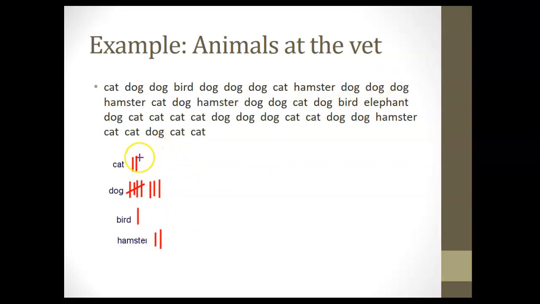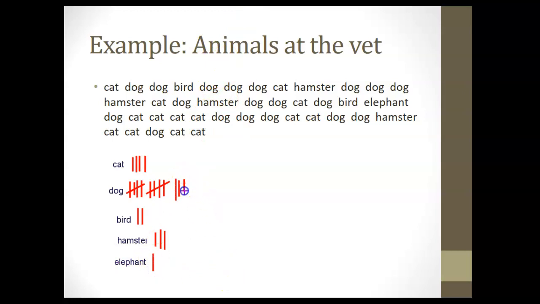Next comes another cat, and dog, and hamster, and dog, and a dog, and a cat, and a dog, and a bird, and an elephant. First one of those we've seen. So don't forget to make a mark for the elephant.